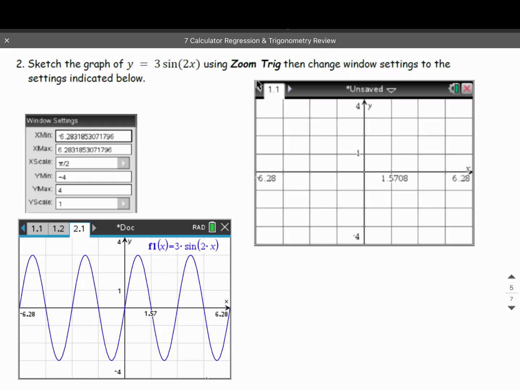So now if we try to copy this graph, at the origin we were at 0, then halfway to pi over 2, we're up at a height of 3, pi over 2 is 0, halfway between to the next point, we're at negative 3, 0, high, 0, low, 0. We can also continue this backwards.